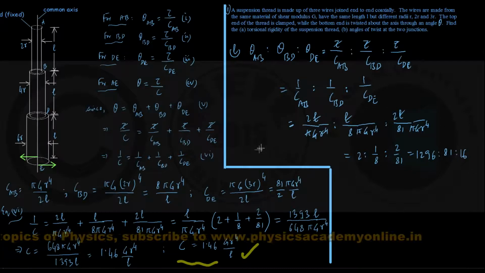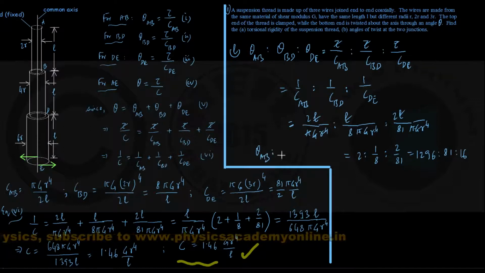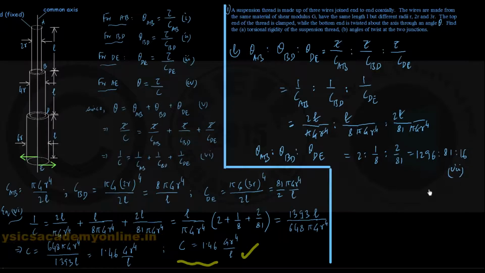This is, let me write it here also again, that is theta AB is to theta BD is to theta DE. And if we call this result as equation number 7, you make use of this result 7 as well as this equation number 5, their sum is equal to theta.